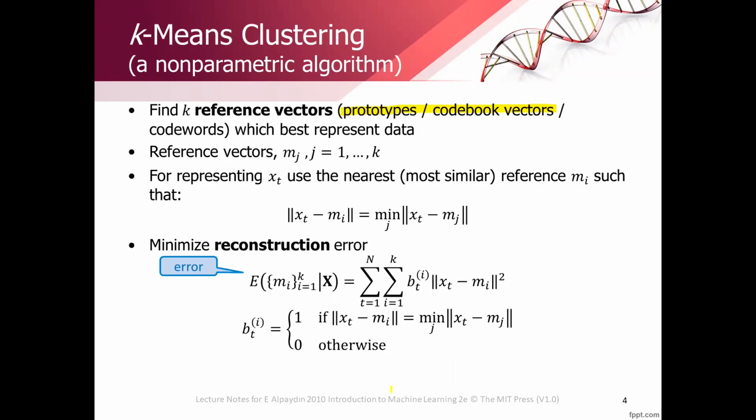So the clustering was represented by some vectors B, and B is a Boolean or 0-1 vector, and it is 1 if observation t was assigned to the representative i, so to the ith cluster.